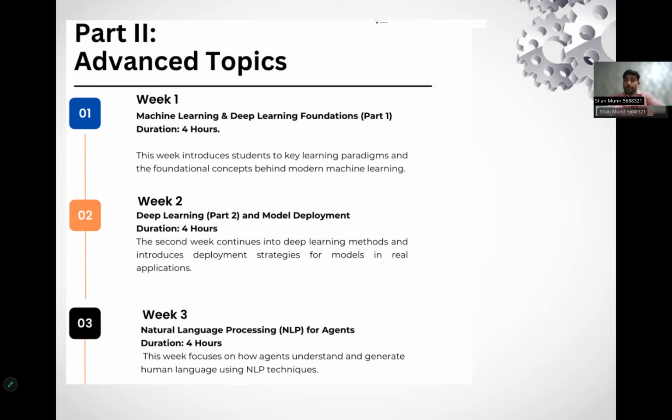In week 3, this is going to be an important one, because our agent systems will be developed on top of natural language processing models. In other words, you can say natural language processing is the base of AI agents.